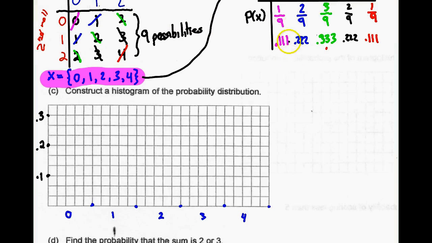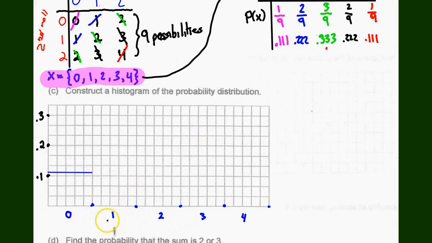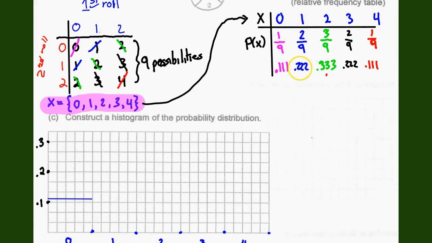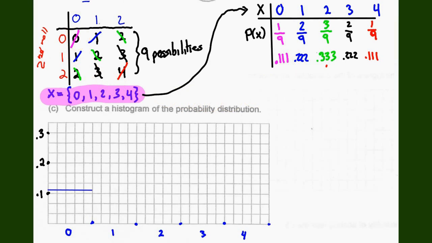So my 0 is going to go up to just 0.11. So here's 0.1, so the 0 will be just above that. Right. And for 1, it's going to be at 0.222. So here's 0.2, so 0.22 will be straight edge is your friend in this case. 3, we have, or 2, we have 0.333.